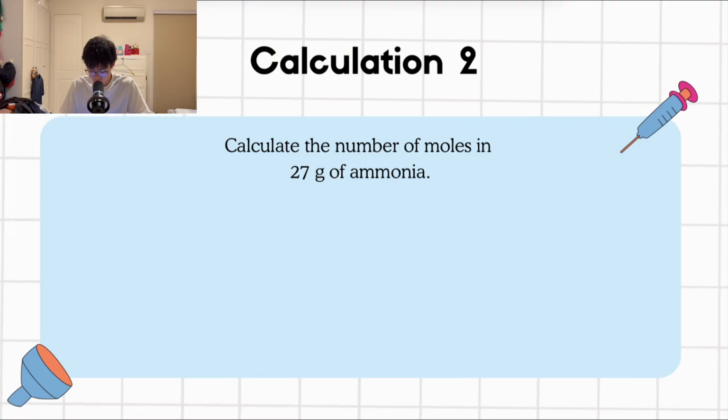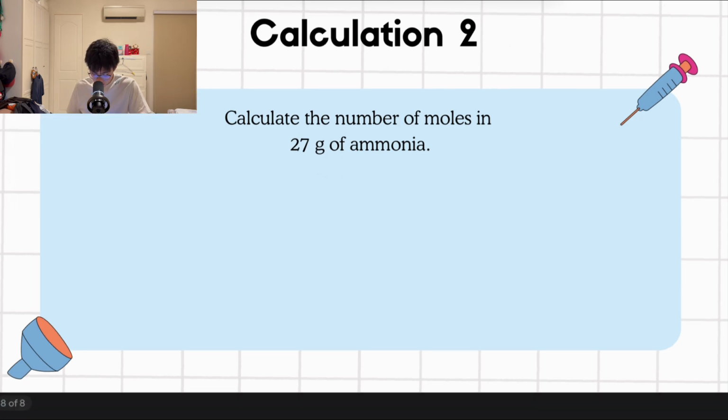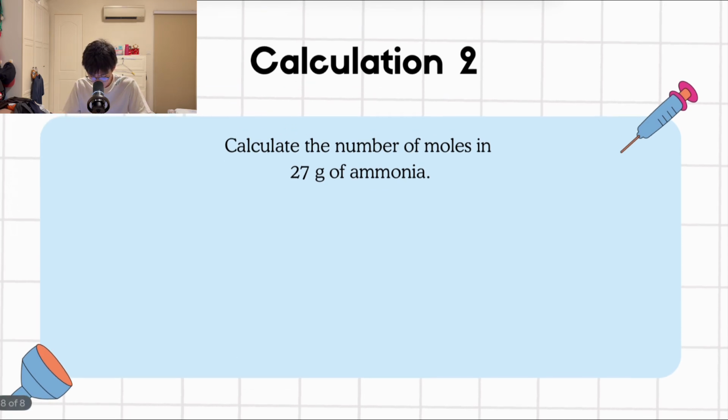Let's move on to calculation 2, which involves a molecule. And remember, you consider one molecule as one particle, because that is the smallest unit it can get, where the unit behaves independently. So if we calculate the moles of ammonia, let's get out the mole equation.